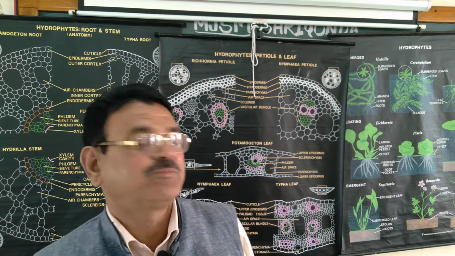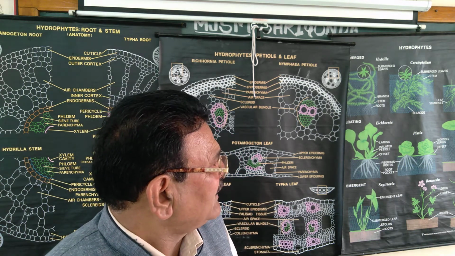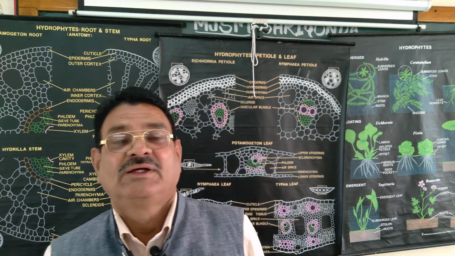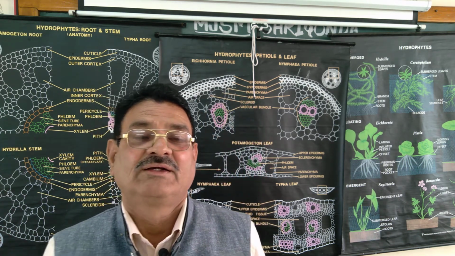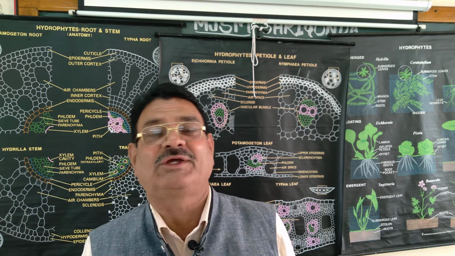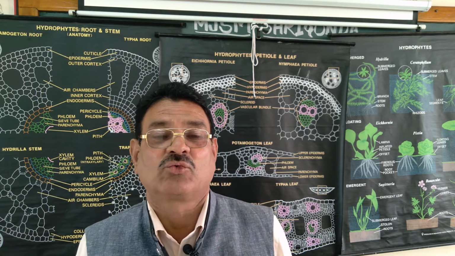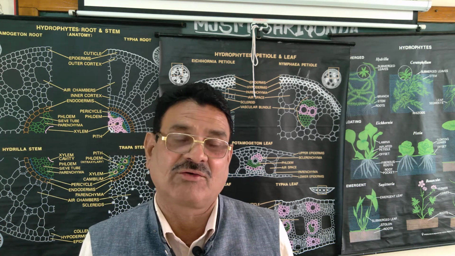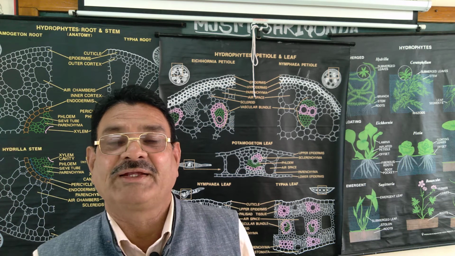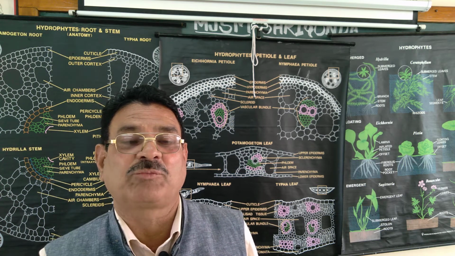Rooted hydrophytes with floating leaves, for example Nymphaea nilambo. These plants grow in shallow water. Their roots are fixed in the underwater soil. Leaves are long petiolate and help the plant float on the surface of water.